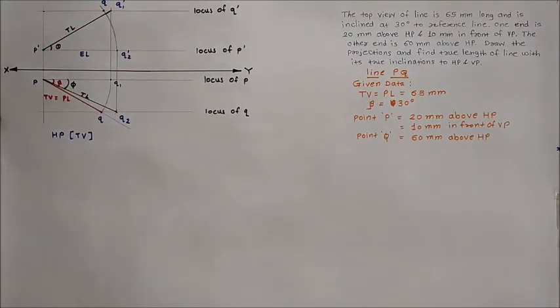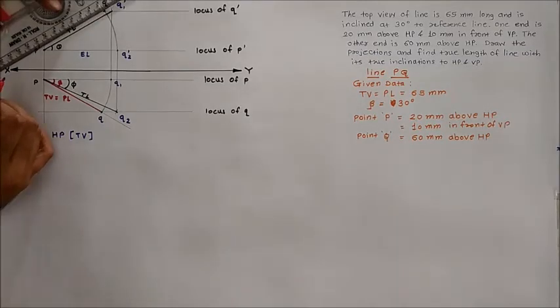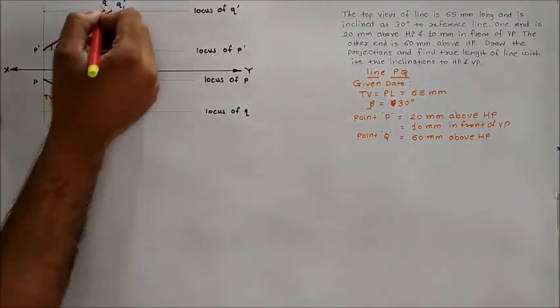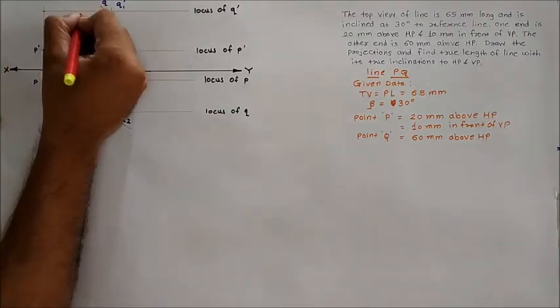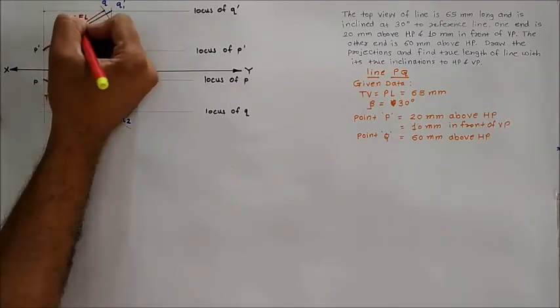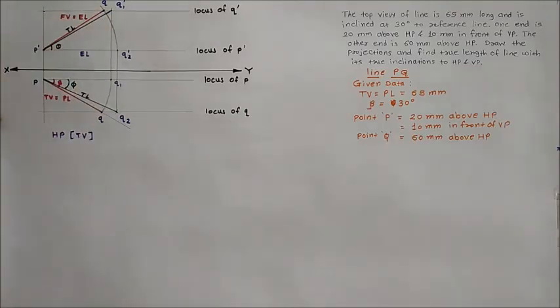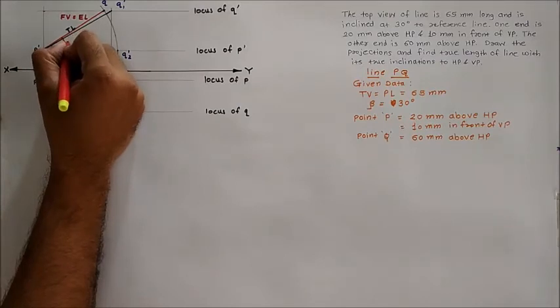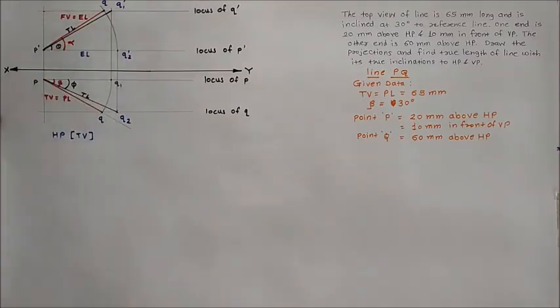Join this P dash to Q dash, which is the front view of the line. This red color line is the front view of the line, which is equal to the elevation length. The angle made by this elevation length with the horizontal is called alpha.